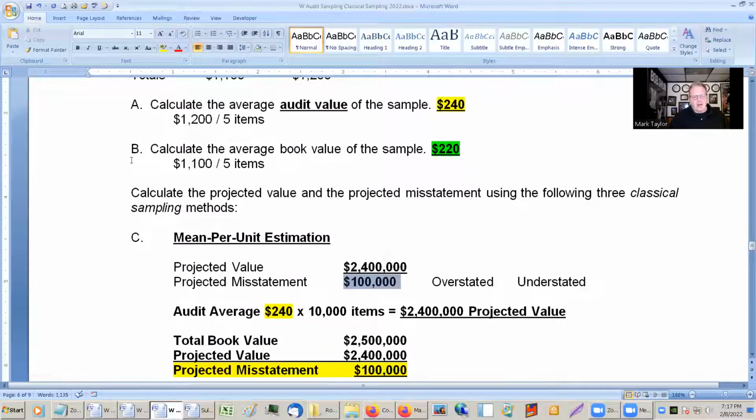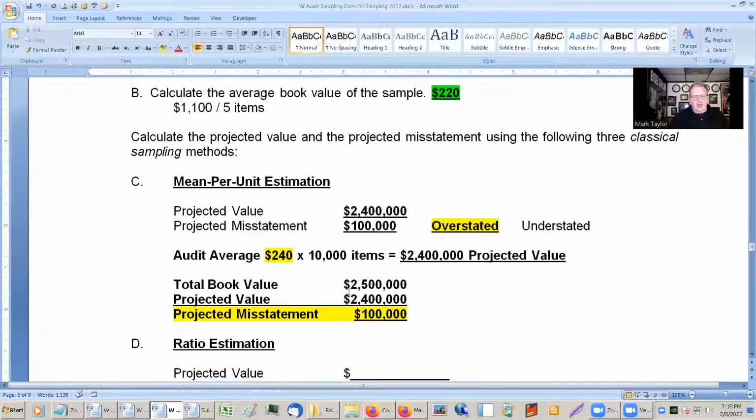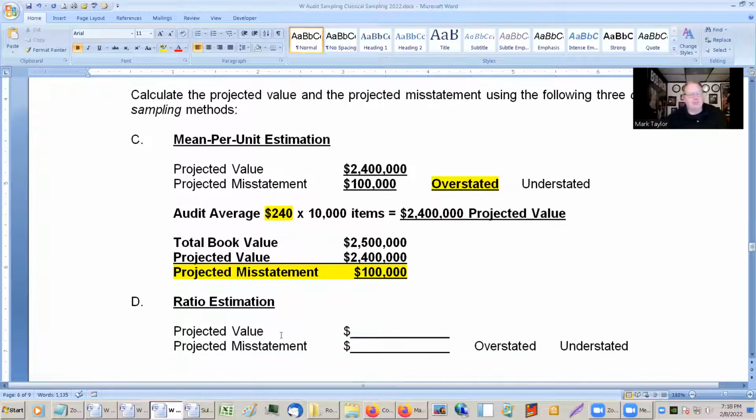Okay, understated or overstated? Overstated. Yep. Yeah, we said they should be 2,400,000. They have 2,500,000 on the books, so this would be that they have overstated it by 100,000. Okay.